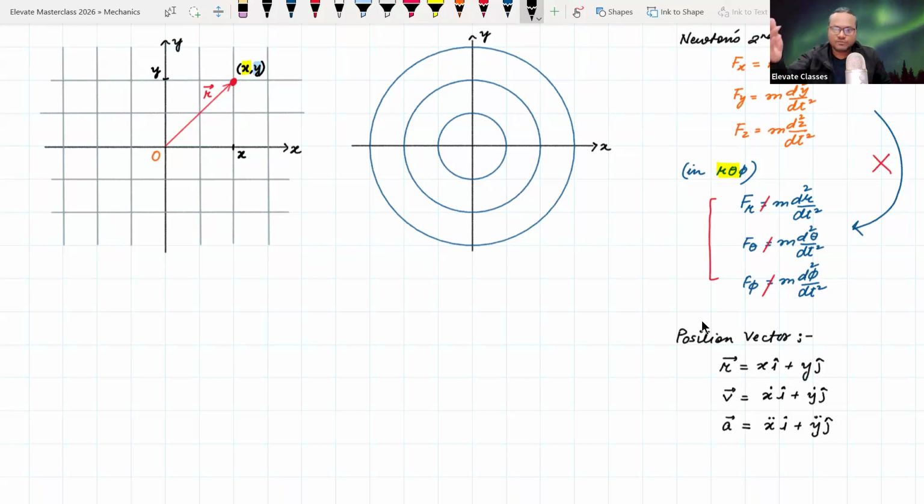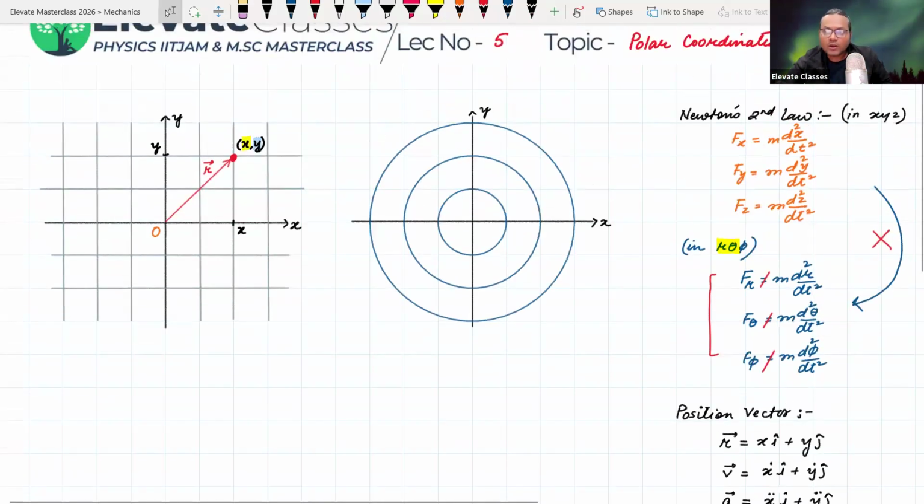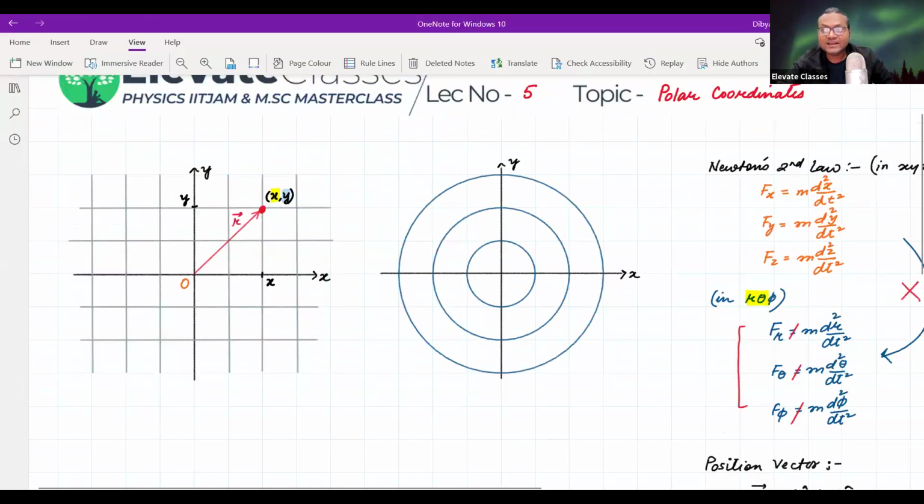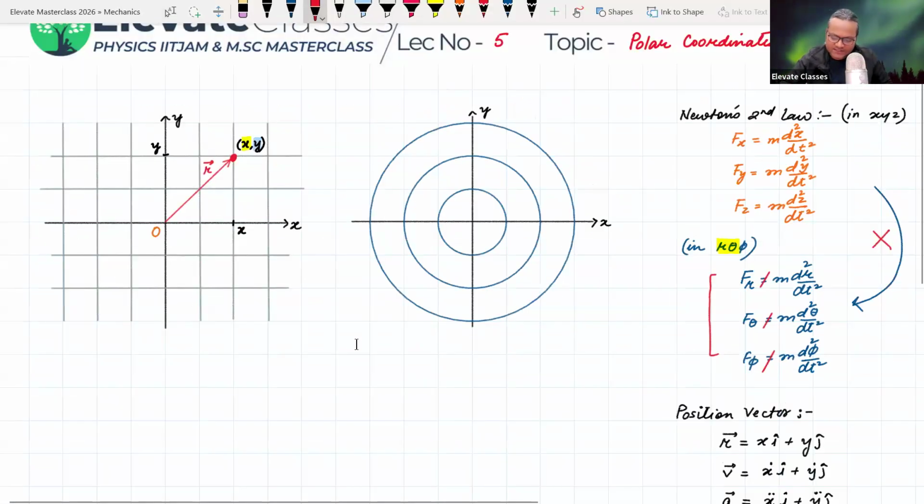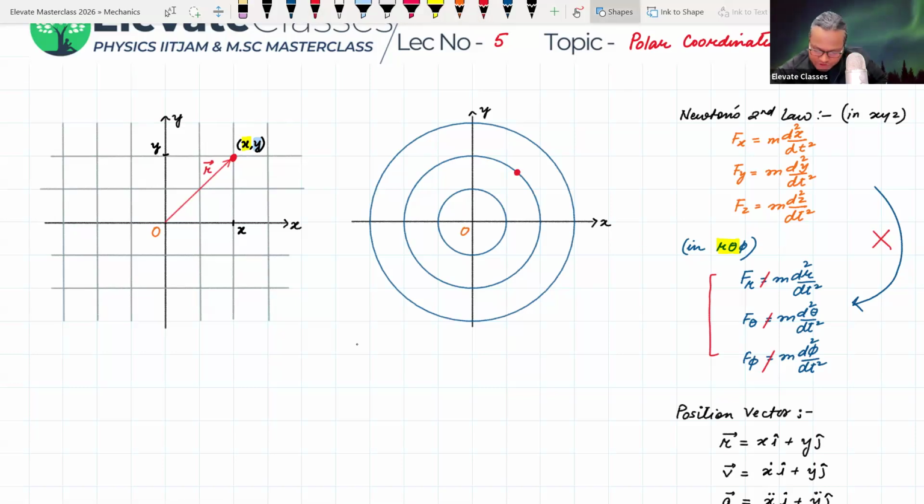It's a choice. There are other options as well. And the other option I mean is the polar coordinates. So with polar coordinates, the way we measure position or we define position is slightly different. So for example, if a particle is in the same sort of position here, okay, let's suppose this is the origin and I draw a position vector from here to here.